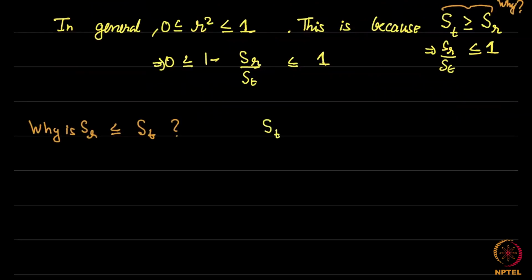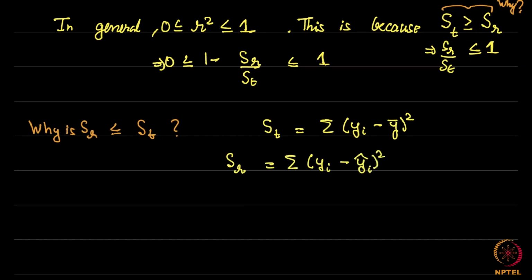ST is sigma (yi minus y bar) square, and SR is sigma (yi minus y hat i) square, which is (yi minus (w0 plus w1 xi)) the whole square.